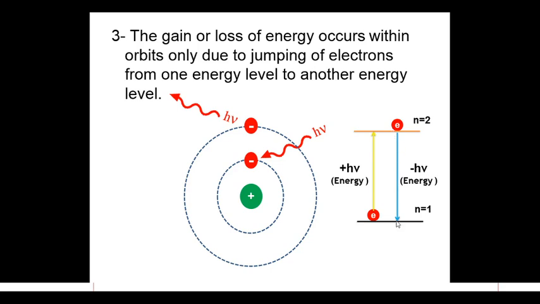So only when there is a jumping of electrons between energy levels will there be gain or loss of energy. Otherwise, the electrons will not lose or gain energy when in a fixed shell or orbit.